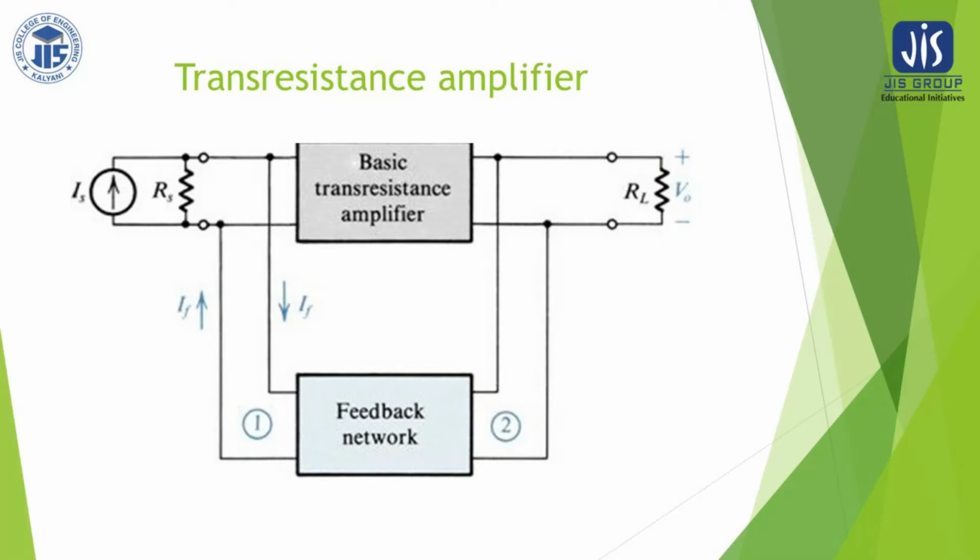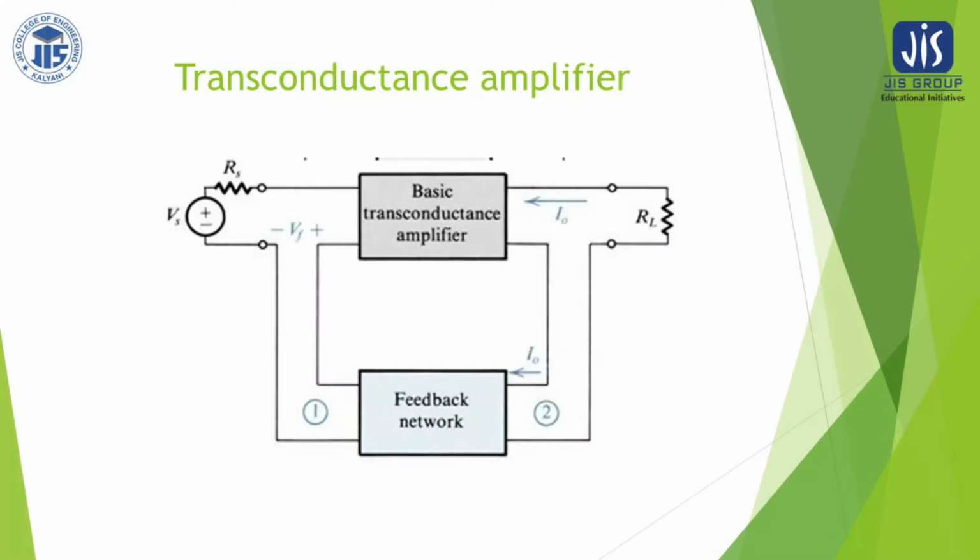Now we are going to describe the transconductance amplifier. For the transconductance amplifier, the output should be a current quantity and the input should be a voltage quantity. Then only we are getting the transfer gain as the output current by input voltage. So therefore, the output source for the transconductance amplifier should be changed to a current source. So therefore, this output resistance comes in parallel.